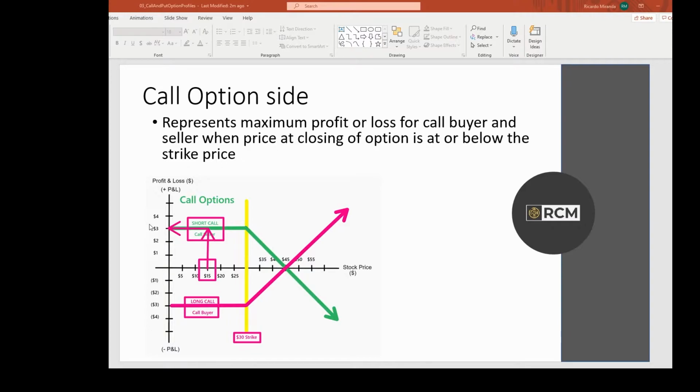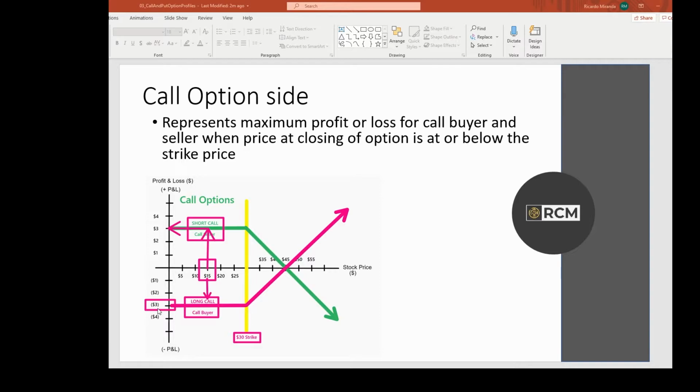In this example, the call buyer has a $3 loss. Again, we're at the $15 market price position. If you trace a line down to the call buyer's profile and trace it to the profit and loss, the call buyer has essentially lost $3.